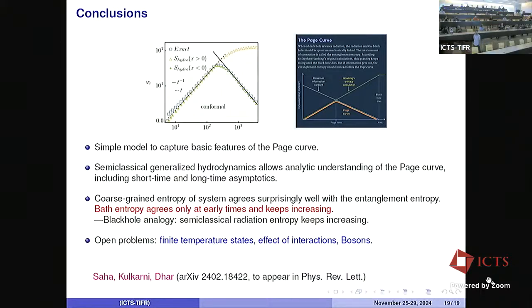The model you showed, which was a chain which is the system, and a multi-chain which was your empty space. Suppose I take one particle in the system chain. After some time, I will find the system in a superposition of the particle in the right part and the particle in the left part. This is exactly related to the entanglement entropy that I mentioned in my talk.